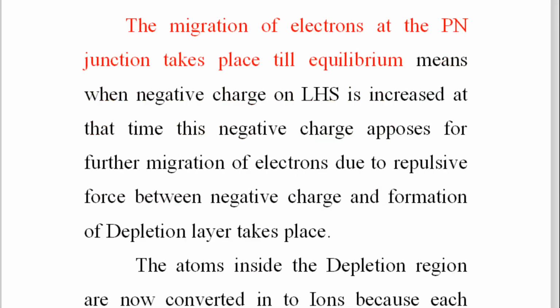The migration of electrons at the PN junction takes place till equilibrium, meaning when the negative charge on the left hand side increases, this negative charge opposes further migration of electrons due to repulsive force between negative charges, and the formation of the depletion layer takes place. Electron is a negatively charged particle.